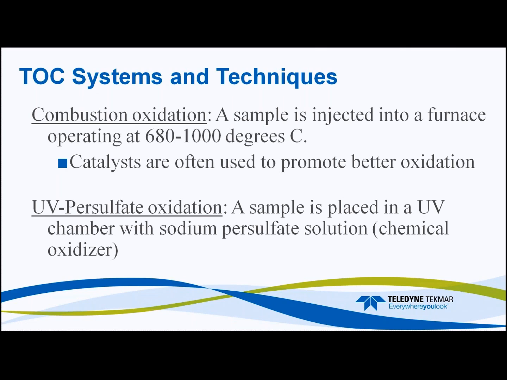When I think of UV persulfate, we're using a chemical to make the oxidation process happen. We're going to transfer that sample into a sparge vessel and add UV persulfate. So when I think of that type of analysis, we're looking at very low-level analysis, drinking water, low ppb, pharmaceutical analysis. So today we're going to focus primarily on the combustion oxidation.